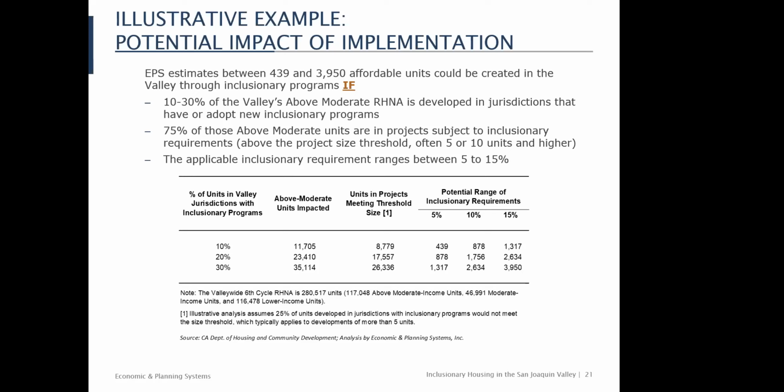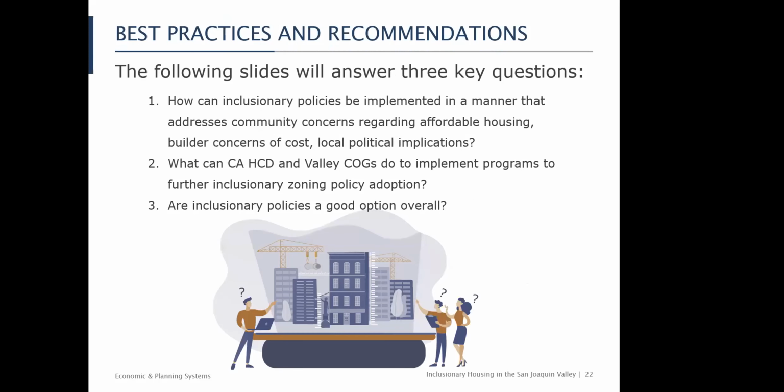Then we established a range of what the inclusionary requirements might be: 5%, 10%, 15%, and we ran through that math. And the result is that with all of those caveats, under those circumstances, between 439 and 3,950 affordable units could be created through inclusionary programs. A lot of conditions would need to be in place there.